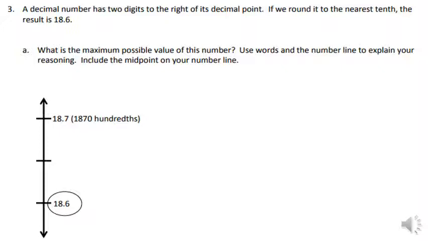Now the key to this is that it's saying that you're rounding to the tenths position. So we know we're going out to the hundredths. If we wrote 18.6, it would end up being 1860 hundredths.